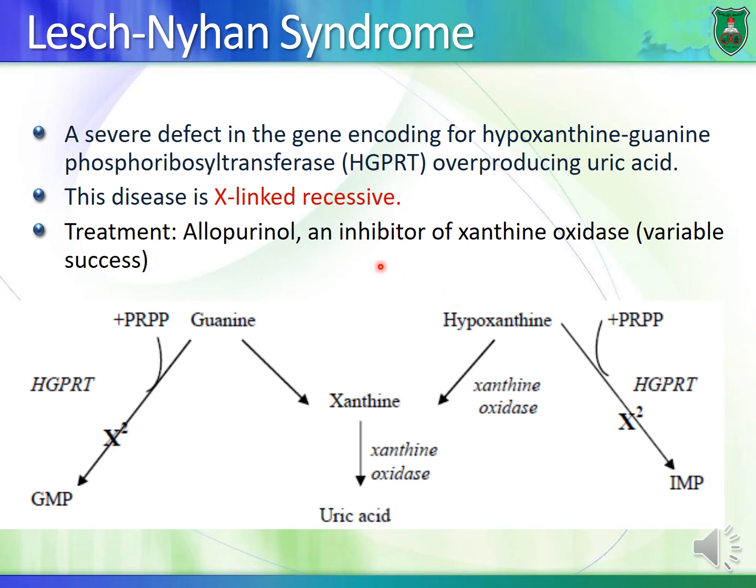Now, it can be treated partially with allopurinol, which is an inhibitor of the enzyme xanthine oxidase, resulting in reduction in the accumulation of uric acid in the body. But it has variable success, and it doesn't work 100%.